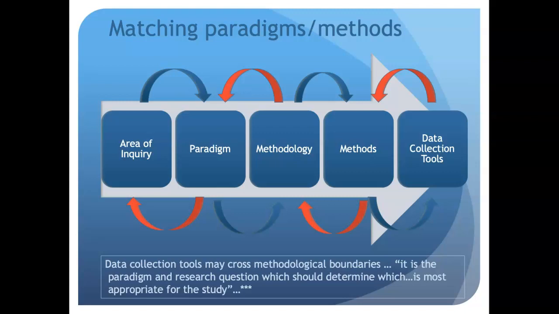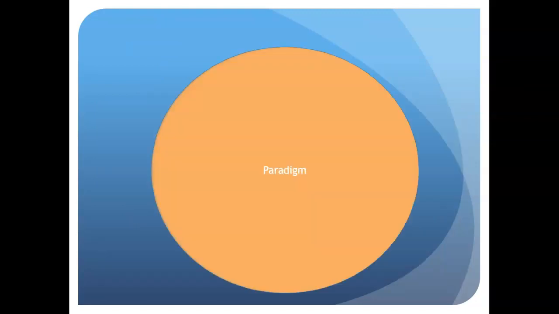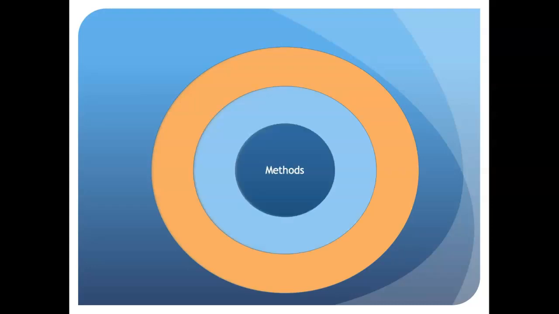So at the risk of beating this to death, let's just look at this once again. Your research is nested in a paradigm that informs the methodology, methods, and tools that you choose to comprise a systematic and defensible approach to your research.